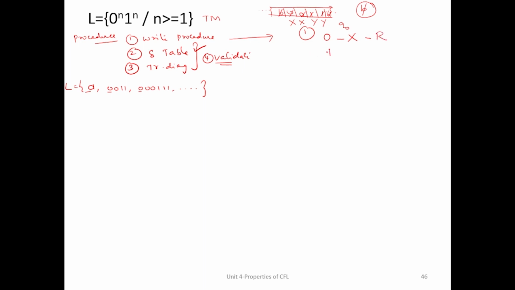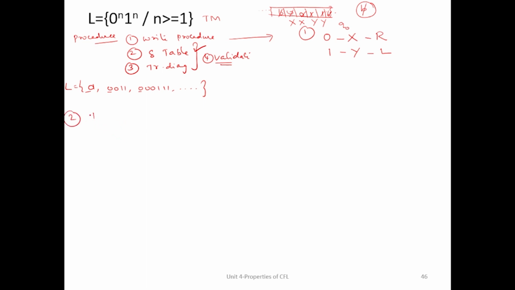Then in the current state, if the control head reads 1, that 1 will be replaced with Y. After replacing the symbol, I want to check the next 0. The next 0 is only available on the left side, so I want to go in the left direction. So this is my procedure. Depending upon this procedure, I want to change the values.